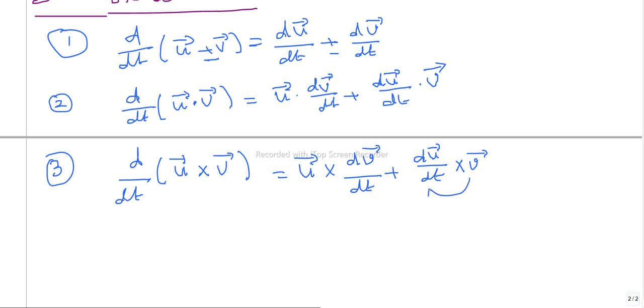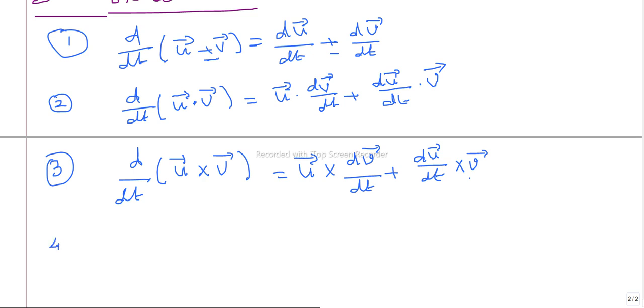Don't write v cross du by dt, because a cross b need not be b cross a, but in the dot product a dot b equals b dot a. So the dot product is not an issue for the order, but in the vector product the order is very important. Here u always comes first, so the order is very important for the vector product.